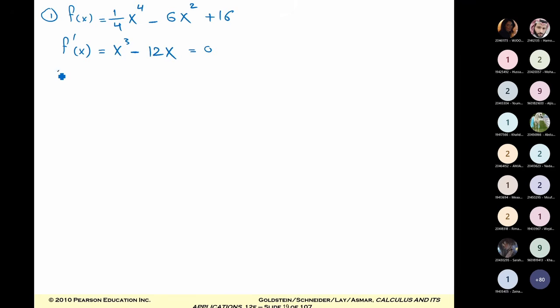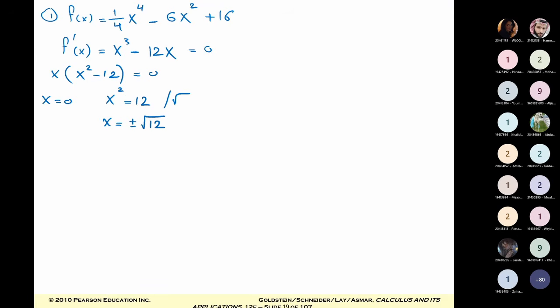So we can take x as a common factor. So x equals 0 or x squared equals 12. Take the roots, so we have x equal positive, negative radical 12. Radical 12 is between 3 and 4, because the square of 3 is 9 and the square of 4 is 16, so 12 is between 3 and 4.